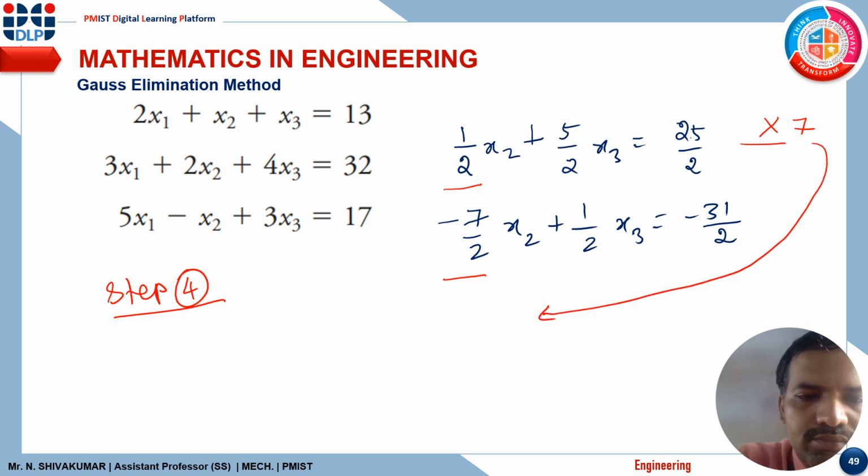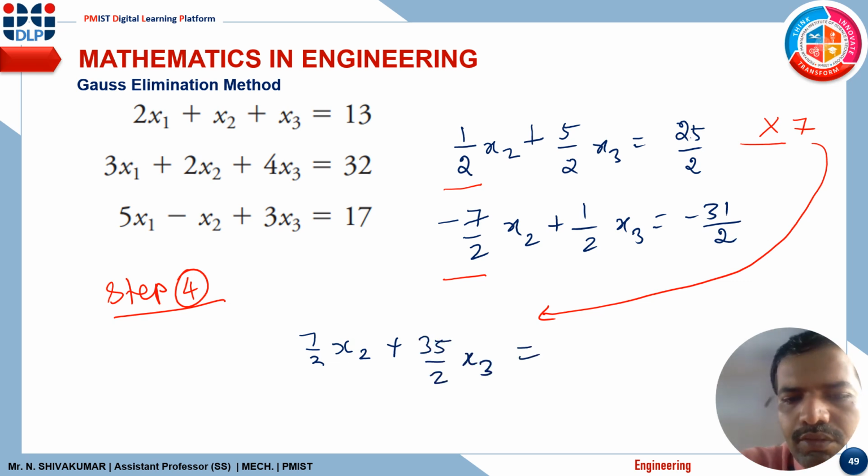Now we have 7 by 2 x2 plus 7 5s are 35 by 2 x3 equal to 25 by 2 into 7, which is 175 divided by 2.